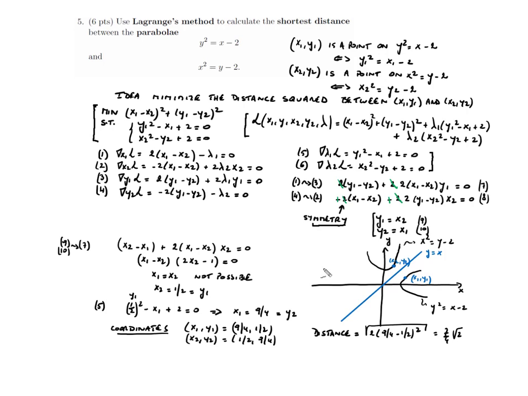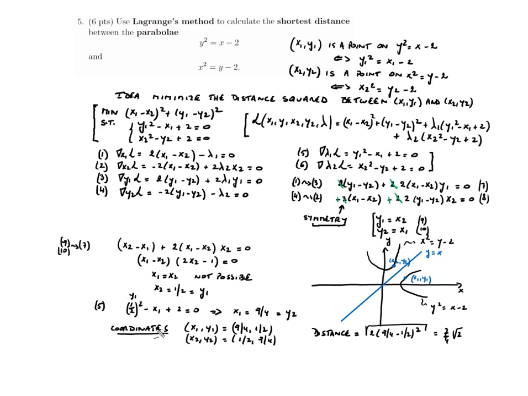That is not possible, so we'll have here that this relation must hold and that x2 is equal to a half. x2 is equal to a half is equal to y1 by this relation over here. And what we can then do is, for instance, inject y1 in equation 5 and isolate x1, and this yields 9/4, and this is also the value of y2 by this relation over here.